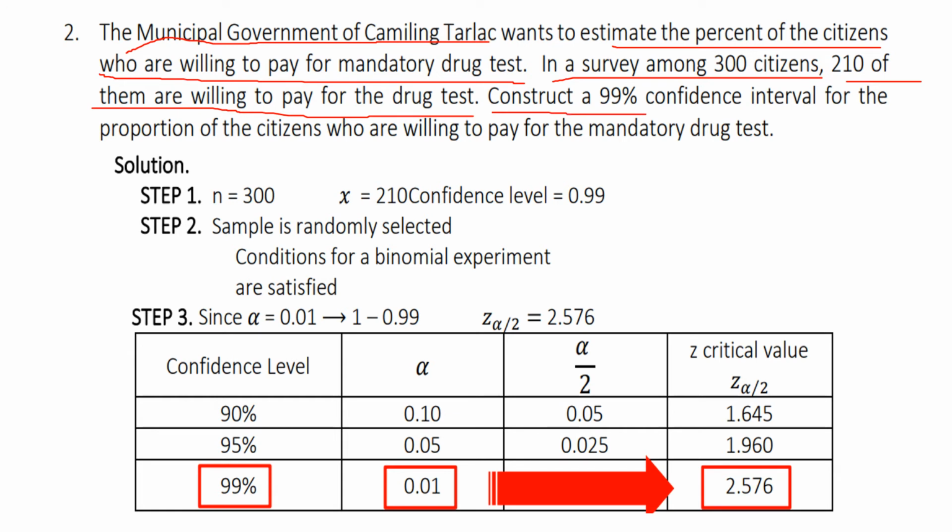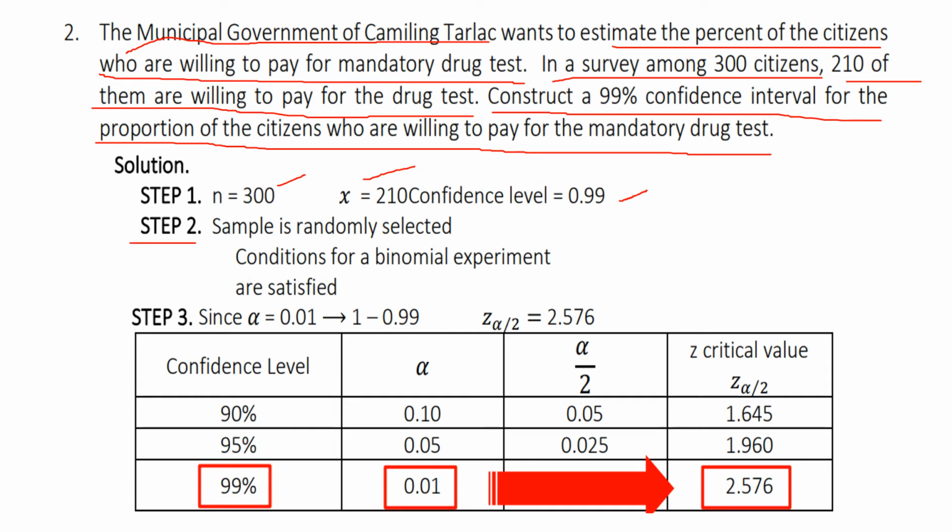Construct a 99% confidence interval for the proportion of the citizens who are willing to pay for the mandatory drug test. So for step number 1, we need to list down all the given values. Your n is 300, your x is 210, and your confidence level is 0.99. We simply convert this 99% into decimal.